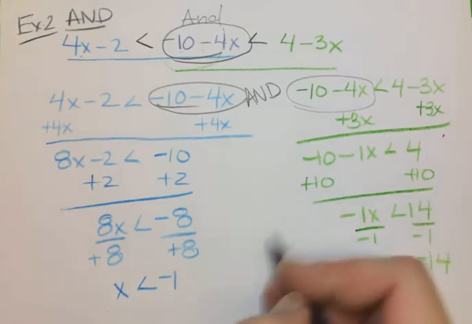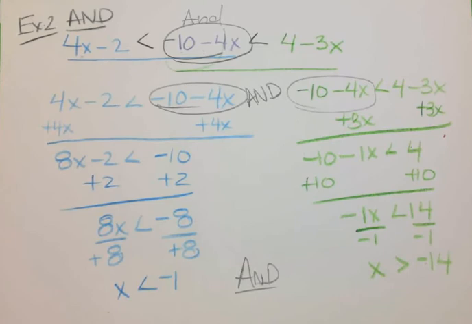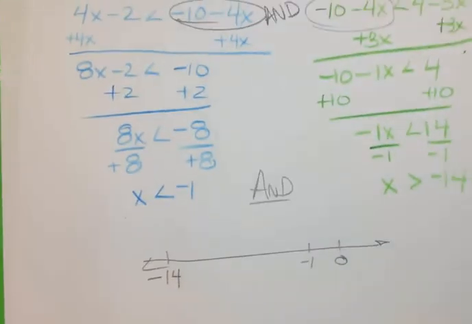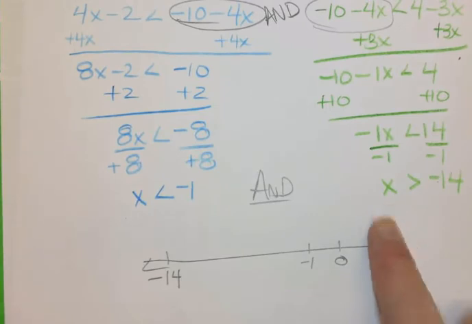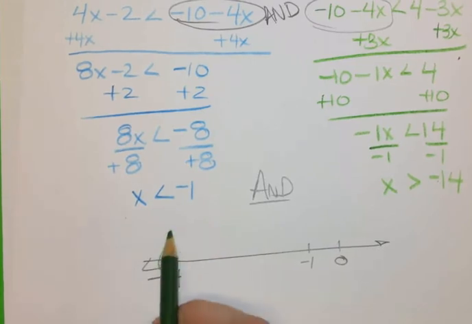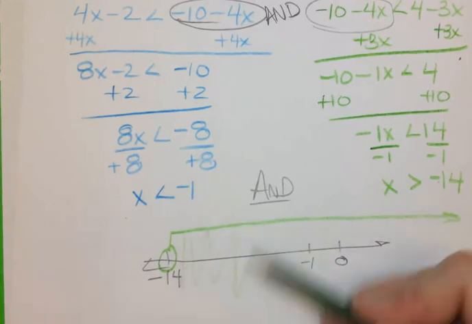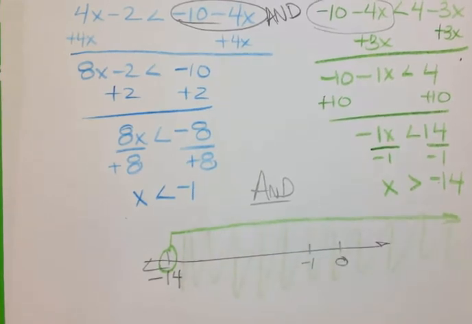And so this is an and in between. I think that it helps very much if you go ahead and draw a graph. So put 0 here, negative 1, all the way out here. That's not really equally spaced, but now we've got our green one, which says x is greater than negative 14, so all my green numbers are everything in this direction.